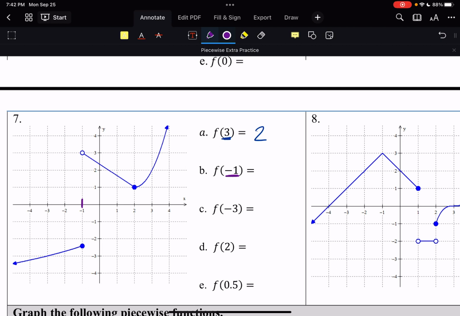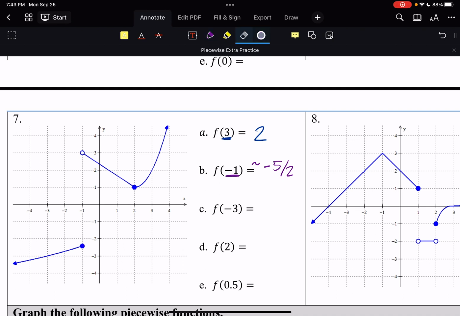So f of negative 1 is not 3. It's where the closed circle is, which is roughly in between 2 and 3, about 2.5. So about 5 halves, roughly. I'm going to put approximately negative 5 halves.